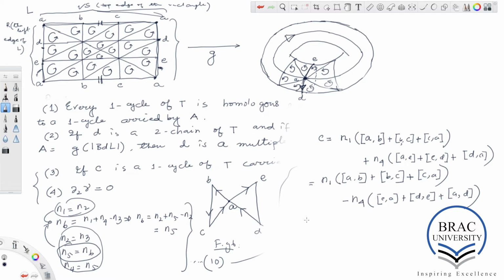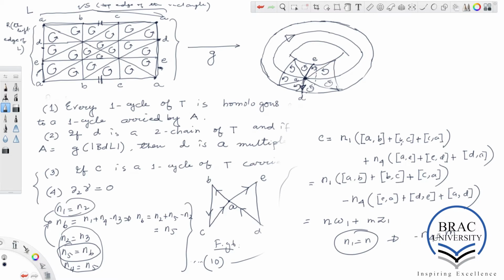And this reads as N w1 plus M z1, where I have taken n1 to be equal to N, and we use the notation M to be equal to minus n4, where M and N are integers. Okay, so this is how we prove result 3 for the case of two torus.